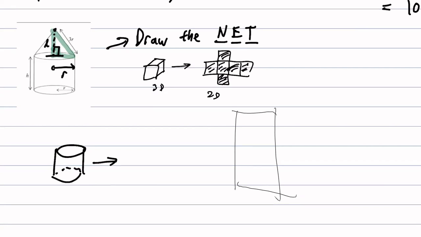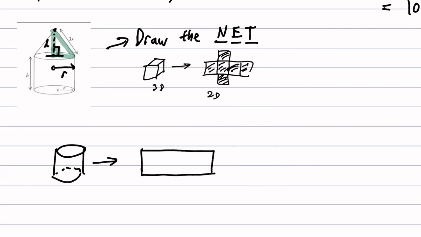When you unravel it, it becomes a rectangle like this. The top surface and the bottom surface make up two circles, but we don't need the top one. Why? Because it's not exposed. This part is glued together already. So only one circle.